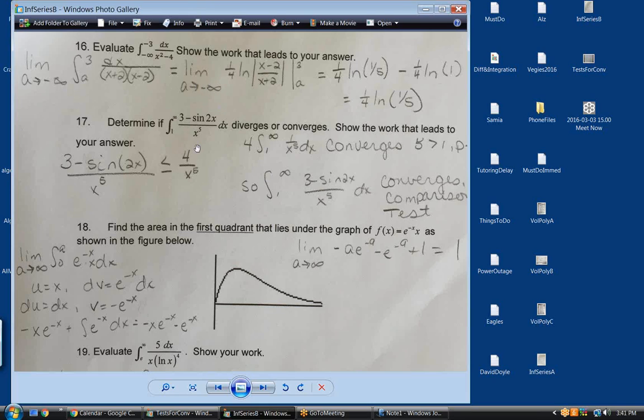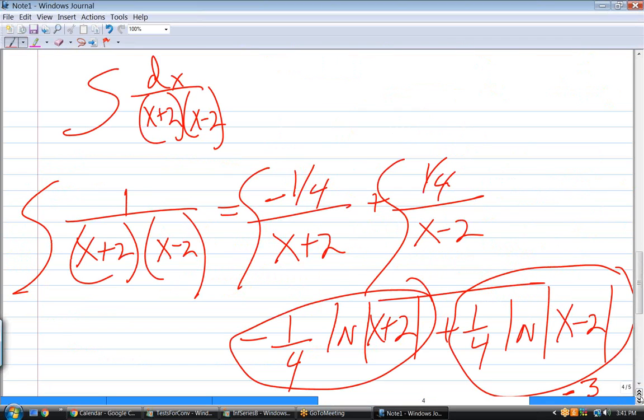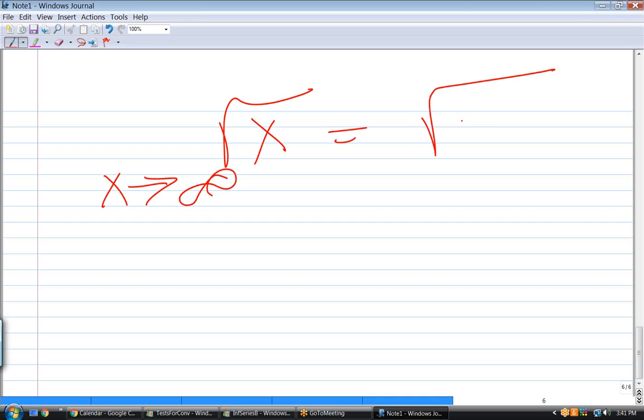You know, if you have the square root of infinity, that's going to infinity. In other words, I want to know what the square root of x is as x goes to infinity. To me, that's the same thing as the square root of infinity. Well, the square root of infinity is infinity. So I could have started out just with the square root of infinity right off the get-go.